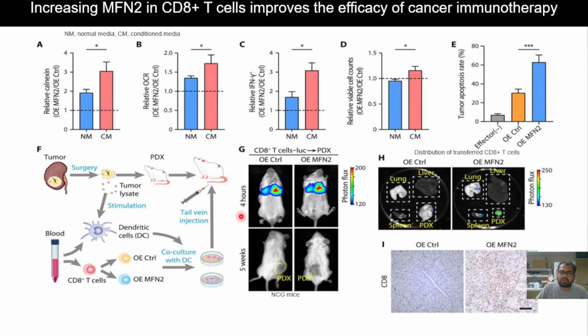So what they found is, when there is an increase in MFN2 expression, what will happen with the tumor? What they're trying to show is if you increase the MFN2 expression, there will be less tumor.